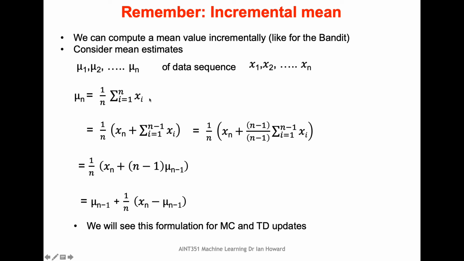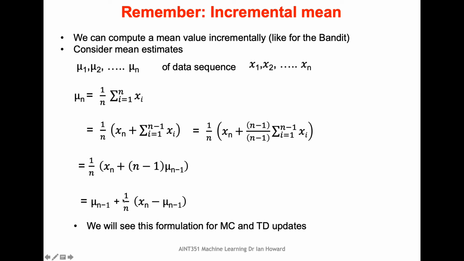So rather than making sure that we've got all the values of the gains and then dividing by the total number of things we did, we could take the last values of the gains, do another episode, and update what we have for the value.